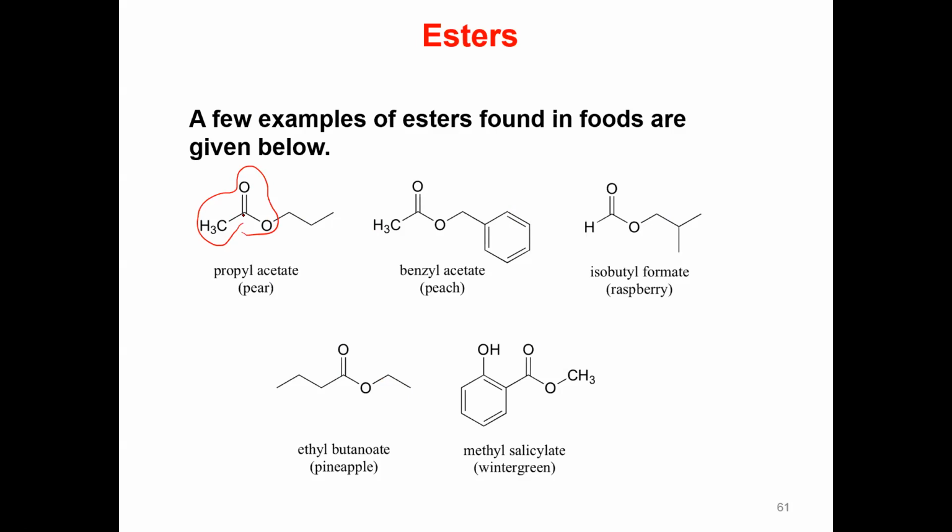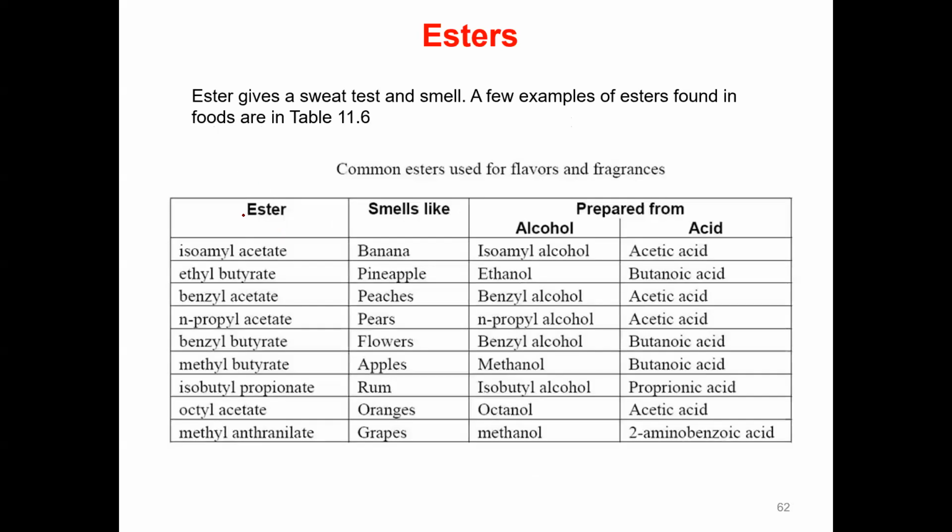Okay, and then benzyl acetate kita boleh jumpa dekat buah peach, and then isobutyl formate we can found at raspberry, and then ethyl butanoate can be found in pineapple, and then methyl salicylate can be found in wintergreen. So ester give a sweet taste and smell.